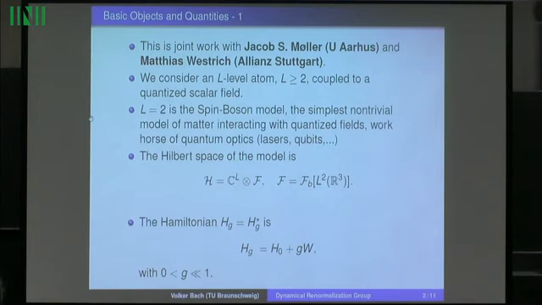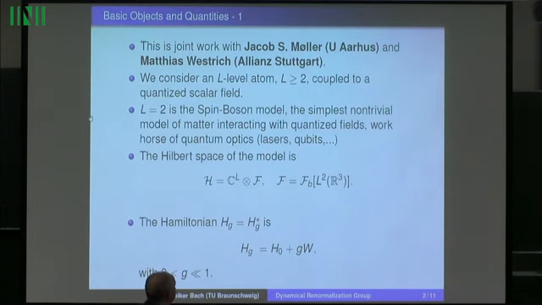It's a quantum mechanical model. So we are defining it by specifying a Hilbert space, whose vectors are the state vectors of the system, and a Hamiltonian that generates the time evolution by Schrödinger's equation. The Hilbert space in this case is the joint Hilbert space of the atom, the L-level atom.